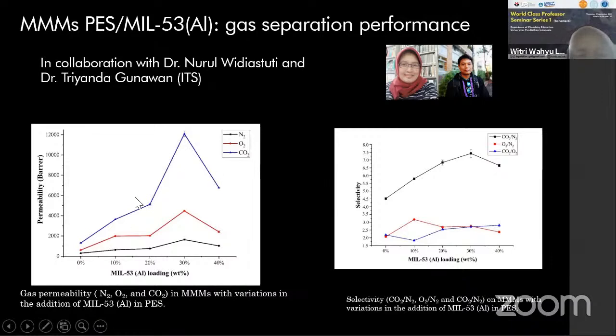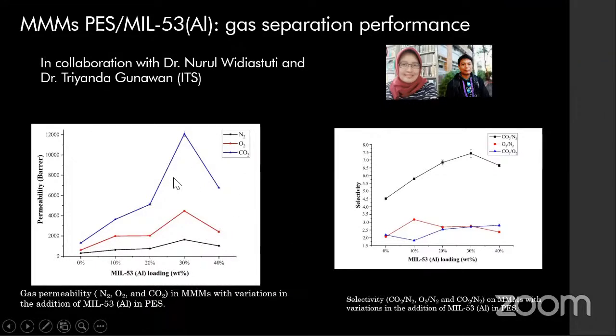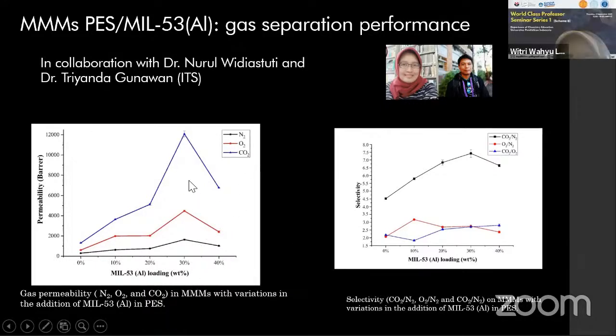And we can see here the highest permeability is achieved when 30% of MIL-53 Al is filled or combined with this PES. And the three gases have the same trend here.